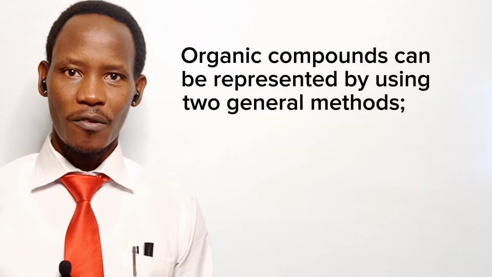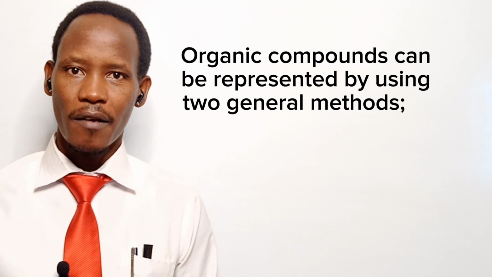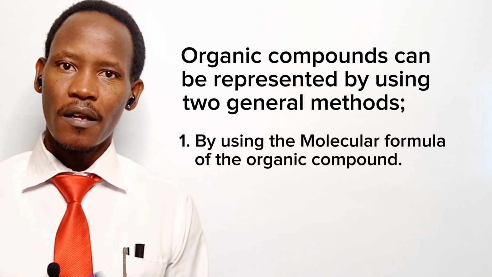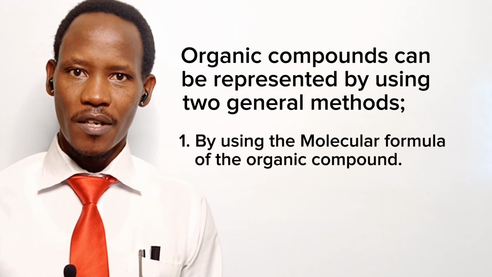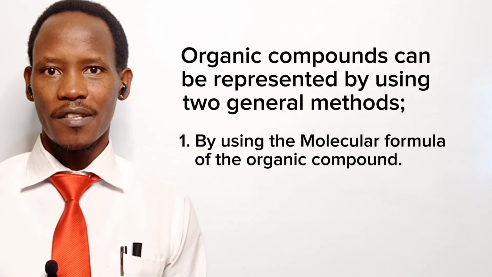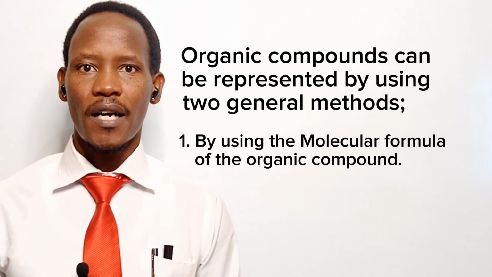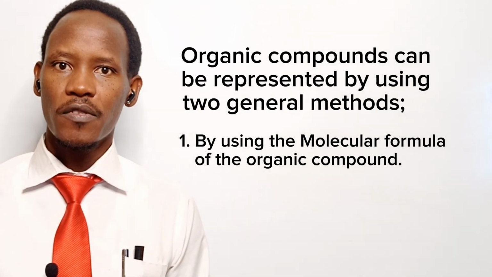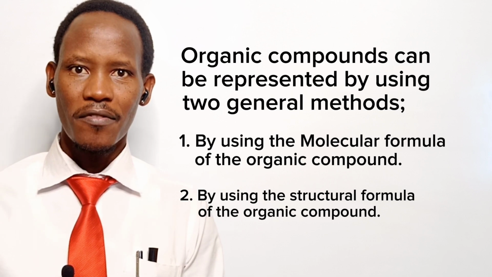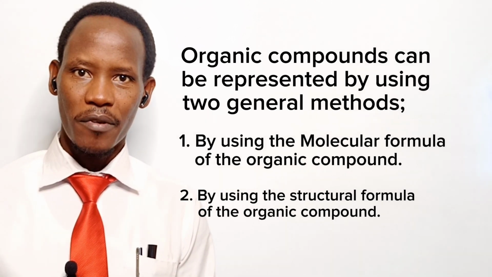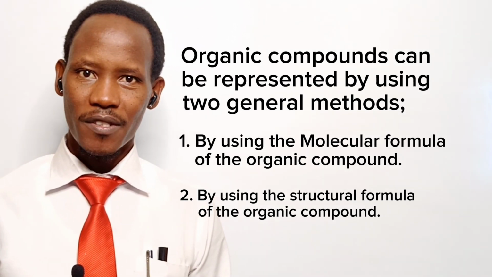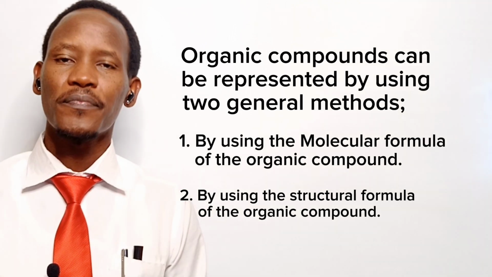Method number one, by using the molecular formula of the organic compound, which we shall see later in depth, and method number two, by using the structural formula of the organic compound, which we shall also see in depth later on.